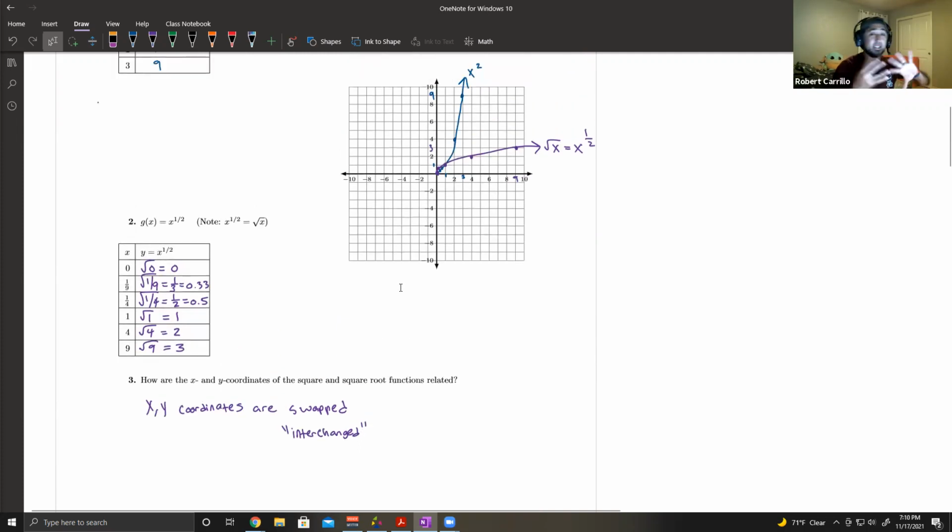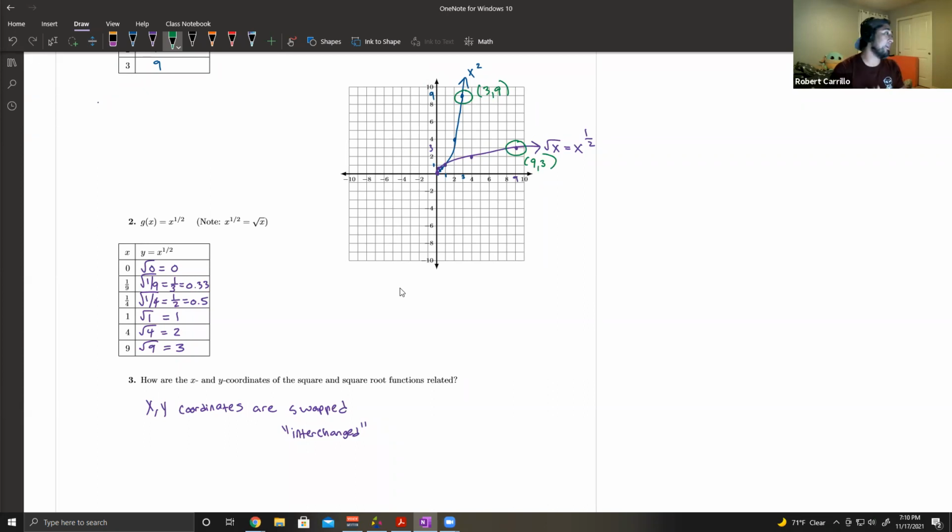So now, since these x and y coordinates are changed, we notice that this creates a type of symmetry on the graph. If you look at these two functions, they are symmetric about each other. So look at this. This point is 3, 9. This point is 9, 3.